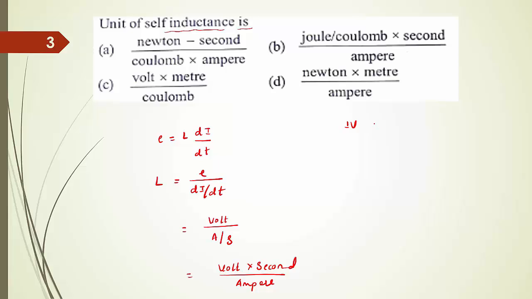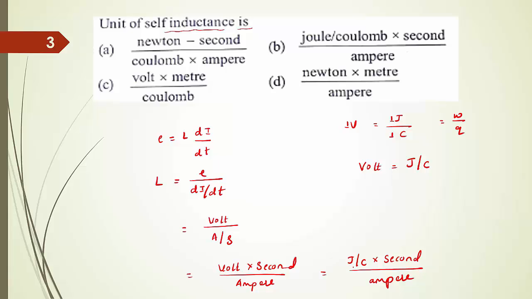So 1 volt is 1 joule per 1 coulomb, that means W divided by Q. Work is measured in joules and charge in coulomb. So instead of volt, we can write joule per coulomb. Now this equation can be written as joule per coulomb into second divided by ampere.